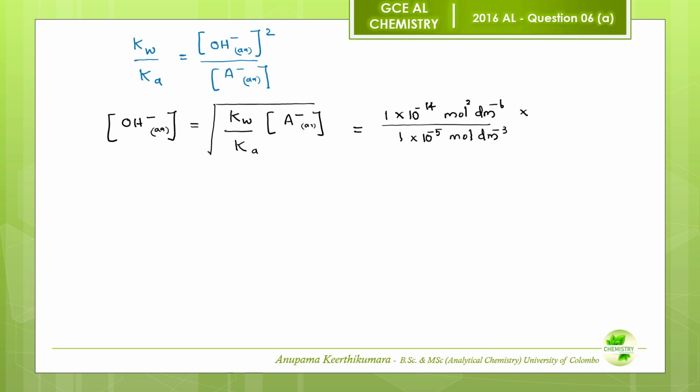The A minus concentration in the diluted solution is 1 × 10^-3 moles per cubic decimeter. Therefore, the OH minus concentration is 1 × 10^-6 moles per cubic decimeter.